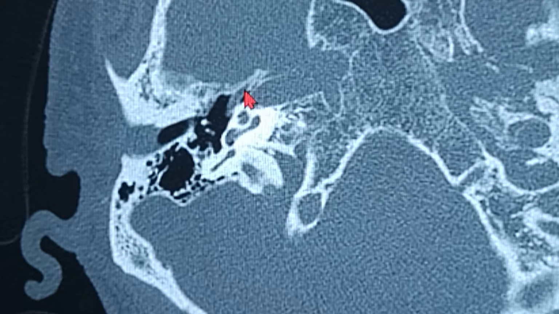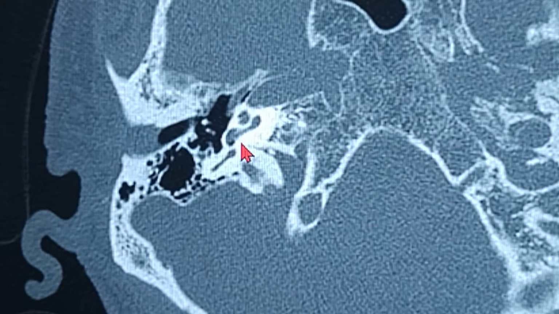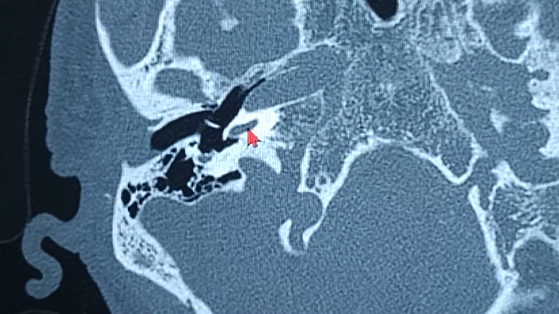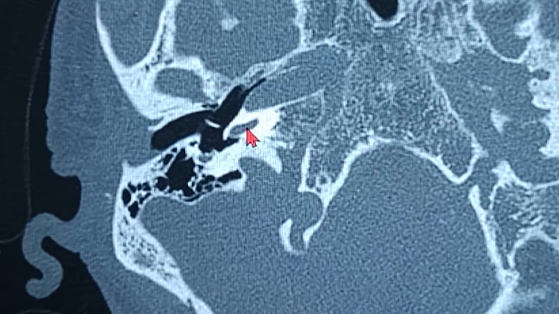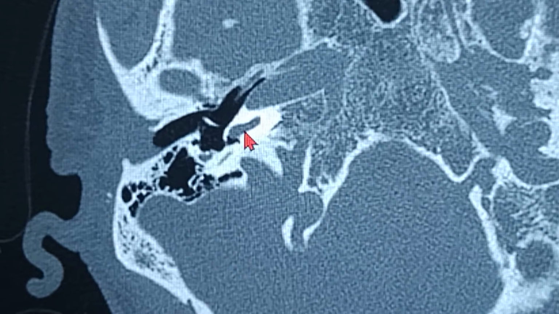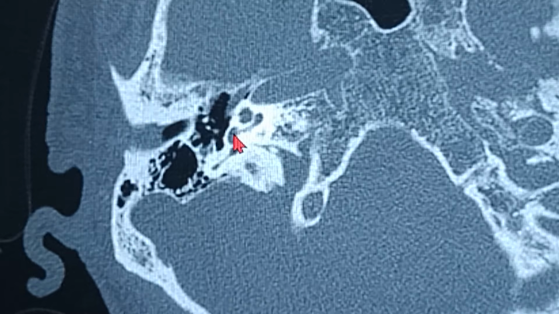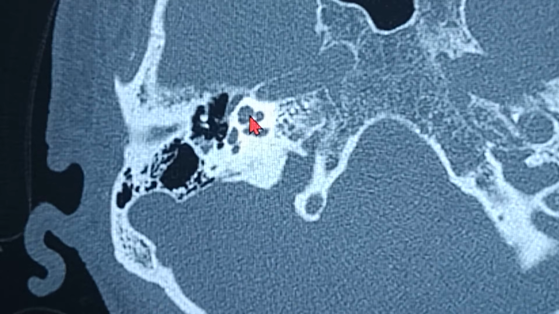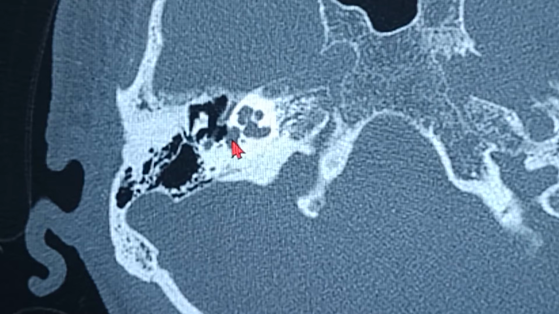Okay, so while on the semicircular canal, there's one more point I need to show you. I showed you the basal turn of the cochlea. Then as we go up, this becomes the vestibule over here. This is the cochlea, the apical and the middle turn. That's the vestibule.